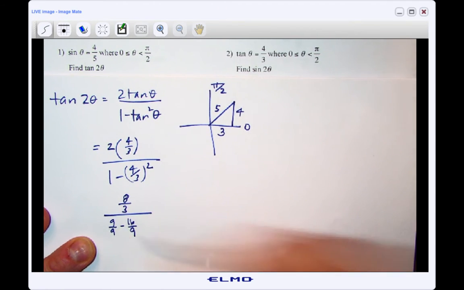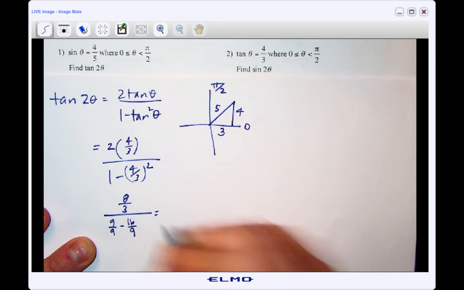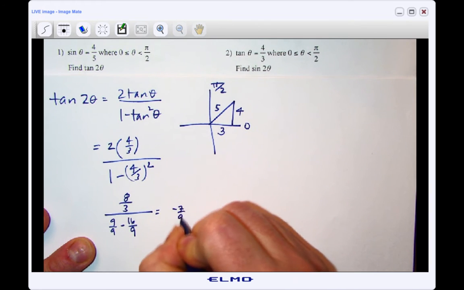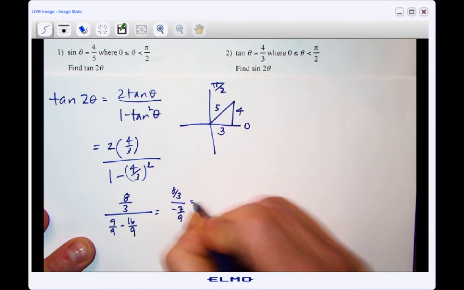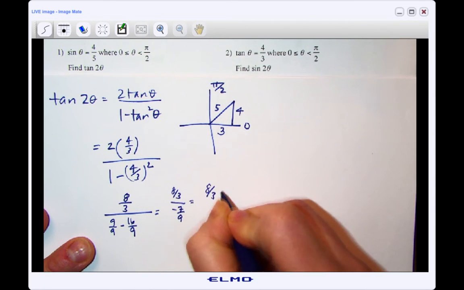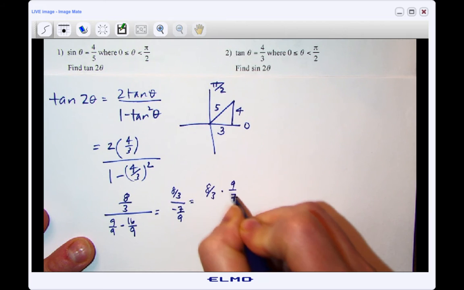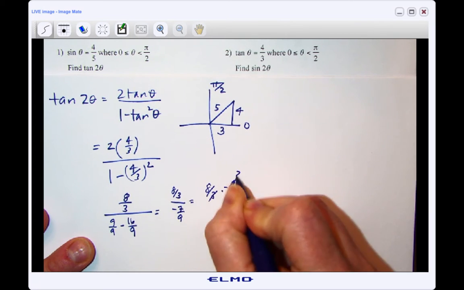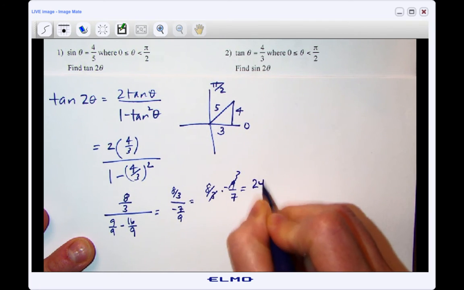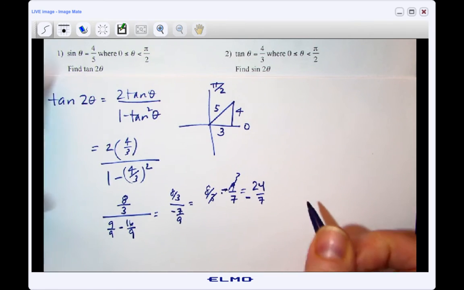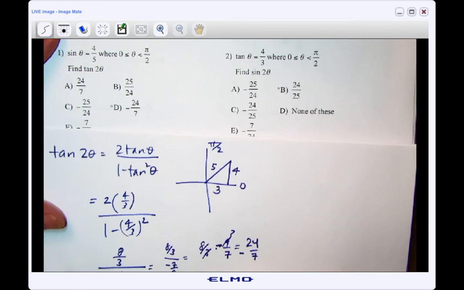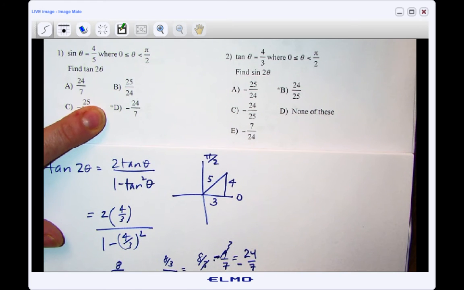Of course 9 minus 16 is negative 7, so negative 7/9. Now we just multiply by the reciprocal, because that's what division is, so 9 over 7. These will cancel out, giving me a 3. So it looks like 24 over 7, but negative because of our negative here. Let's look at our answers, and here we are: negative 24 over 7.